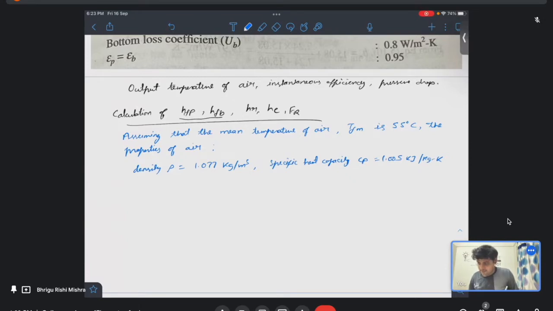Dynamic viscosity mu is 19.85 into 10 to the power minus 6 Newton second per meter square, and thermal conductivity K equals 0.0287 watt per meter Kelvin.